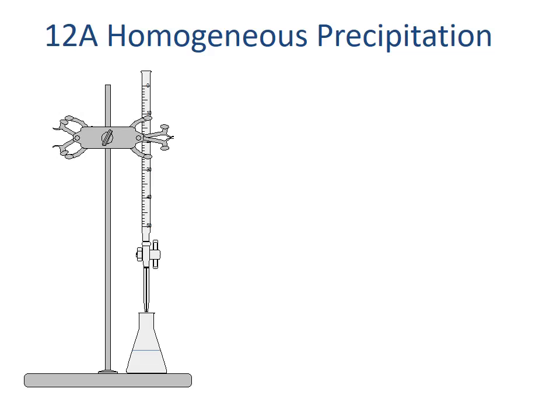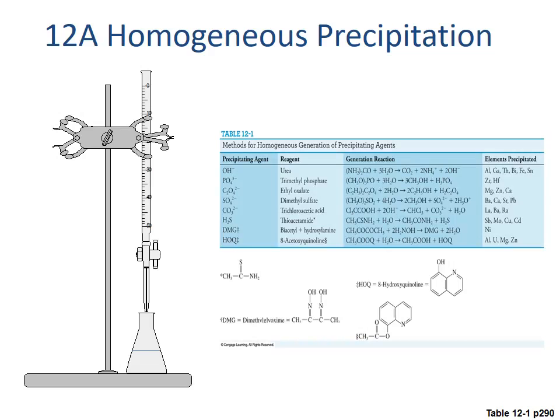So if we want to avoid that, we're going to try to create a reaction that creates this small amount of precipitant everywhere in solution at once in very low concentrations. So we can do that to generate things like hydroxide, phosphate, oxalate, sulfate, carbonate, H2S.